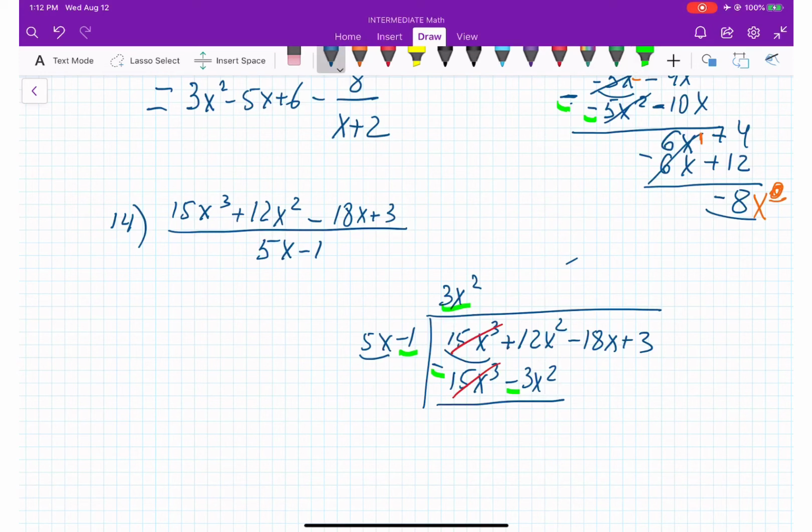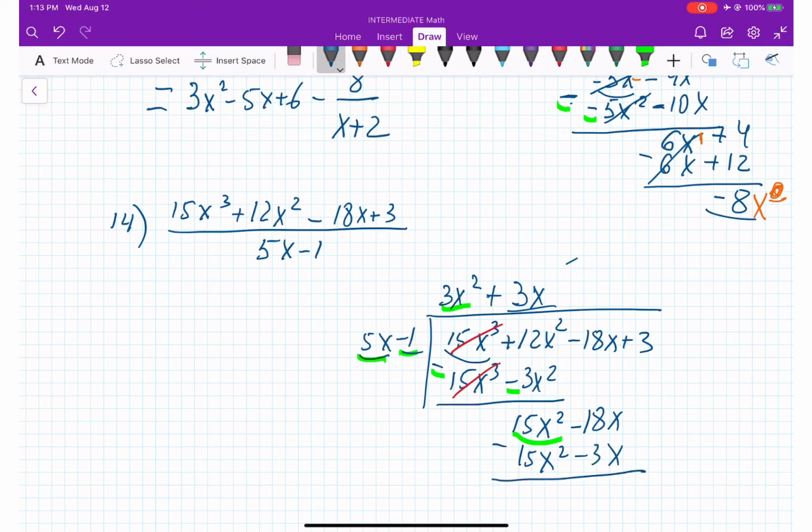So 12x squared plus 3x squared, we get 15x squared. Bringing down this negative 18x. Okay. 15x squared divided by 5x is going to be plus 3x. 3x times 5x is going to be 15x squared. 3x times negative 1 is going to be negative 3x.